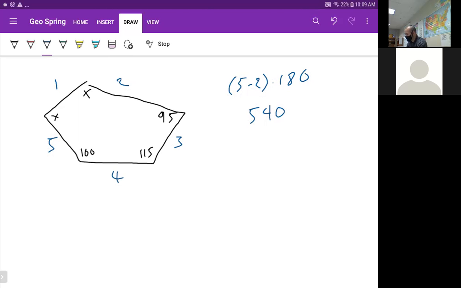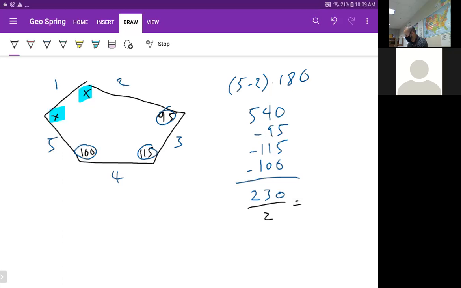Let's subtract: minus 95, minus 115, and minus 100. So 540 minus 115 minus 95 minus 100 is going to be 230. That means 230 is split between these two, so I divide by 2 and that's 115. So x equals 115 here.